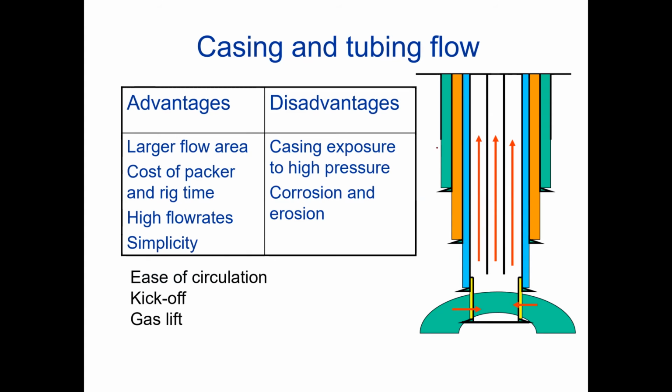Another option is casing and tubing flow. That will address some of the difficulty of tubingless. Here the flow rate would be more or less the same, but you have the option to kill the well. You can inject mud from here and replace the oil and produce from here, or the other way around.